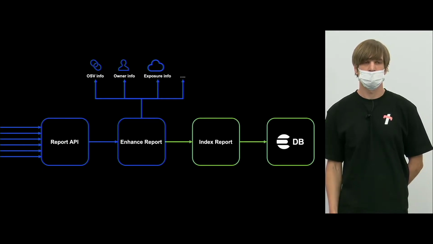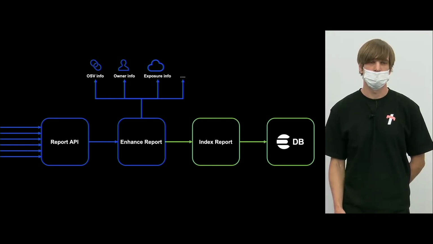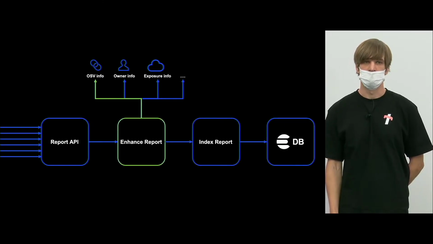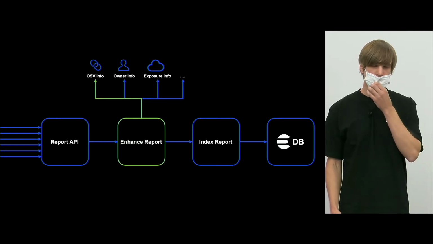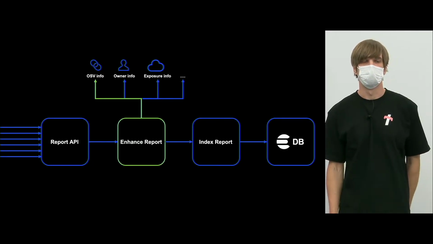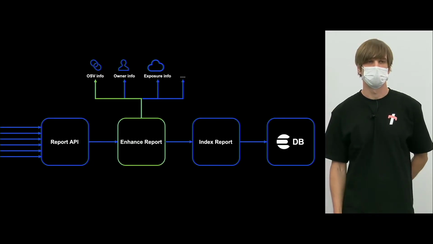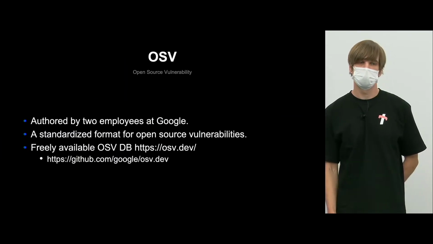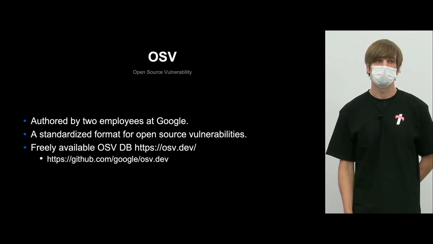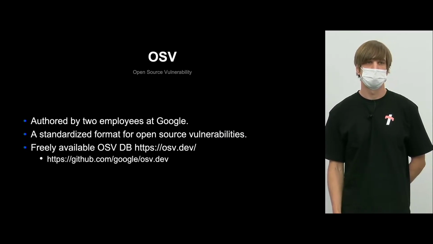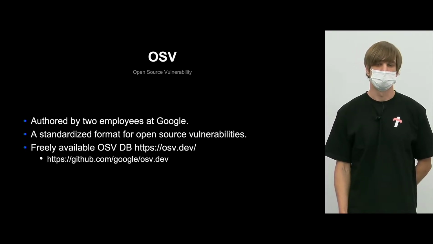But before talking about the dashboard, I would like to talk a bit about one of these external services, and that is the OSV information, because this is very tightly related to the SBOM that we are talking about today. So what is OSV? Well, OSV is authored by 2 employees at Google, and it's a standardized format for open source vulnerabilities.